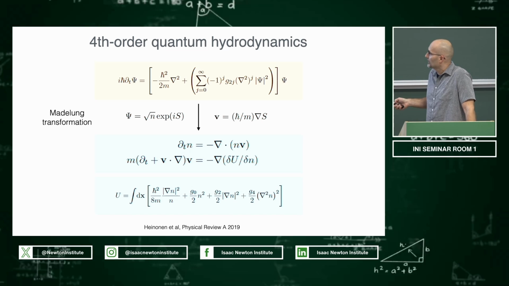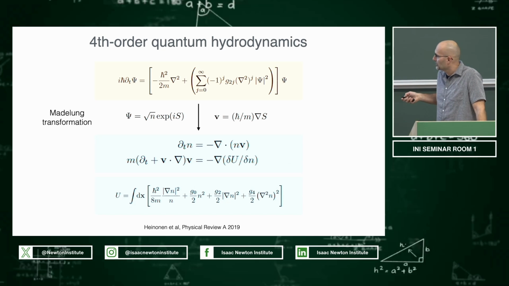If you truncate up to fourth order, you get an effective energy that looks like this. From that point on, you can analyze the patterns that can emerge in this type of system in various ways. The relation to anti-diffusion is in the G2 parameter, and the G4 parameter is there to stabilize again.